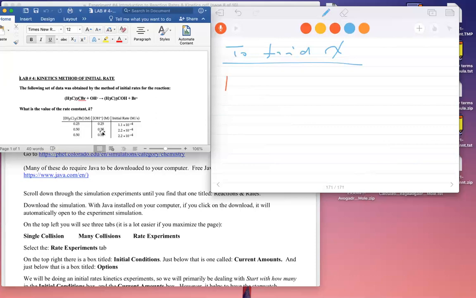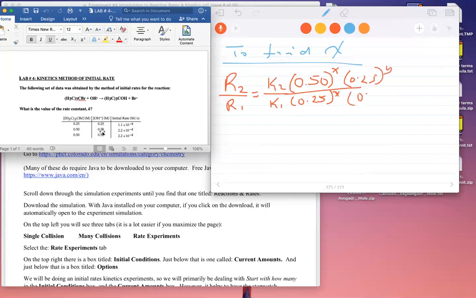So you say rate 2 over rate 1 equals K2 over K1 times the concentration of reagent A for experiment 2 raised to X over the concentration of A for experiment 1 raised to X, and then the concentration of B is constant. It is 0.25 raised to Y over 0.25 raised to Y.